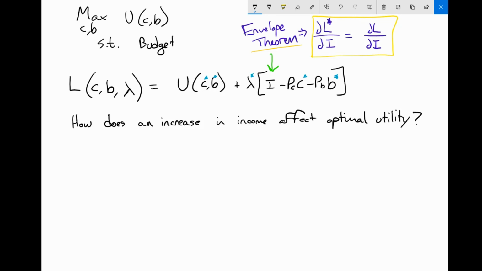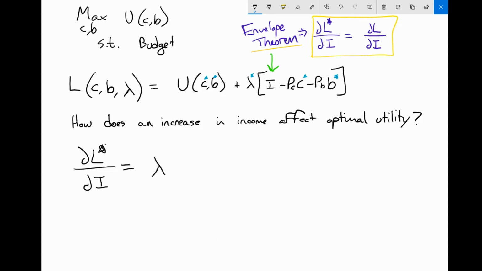How does a change in income affect optimal utility? Well, I've just demonstrated how to do that. Optimal utility means L evaluated at the optimal values of C, B, and lambda. So I want to know how the income affects that. Well, I take the derivative of the optimal L with respect to I.